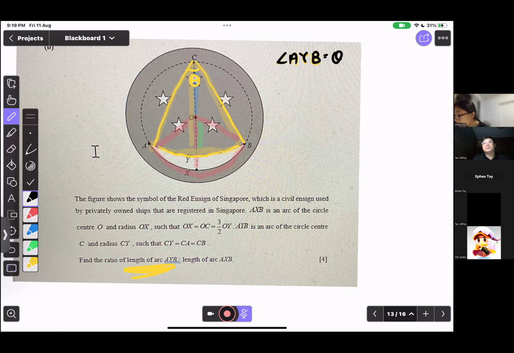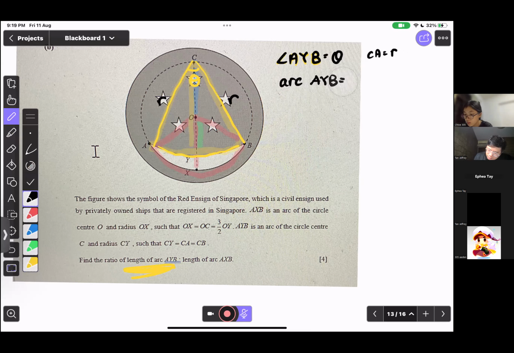Now, if I call CA as R, so CA equals R, this is R, this is R, then can I say that the length of arc AYB will be the same as R theta?